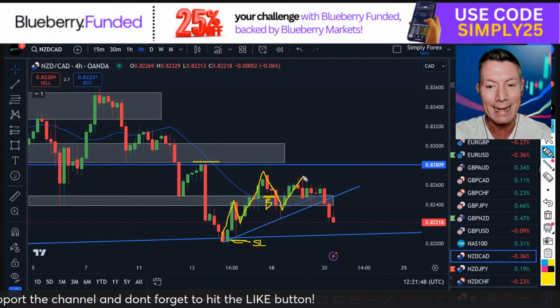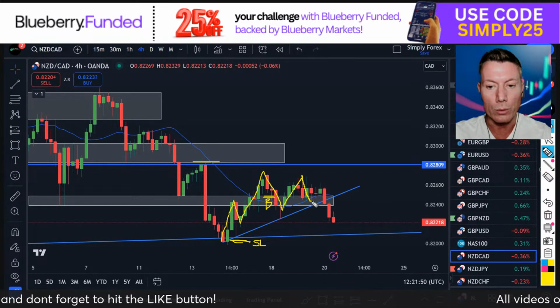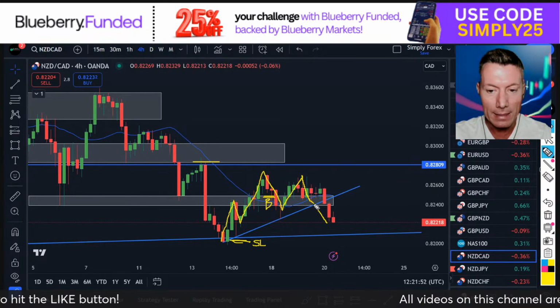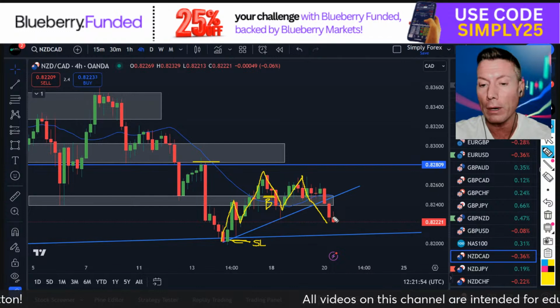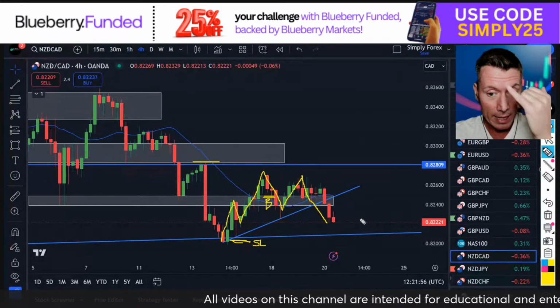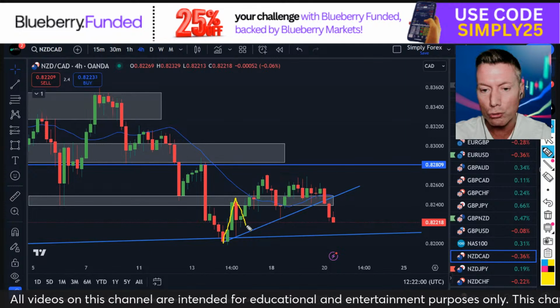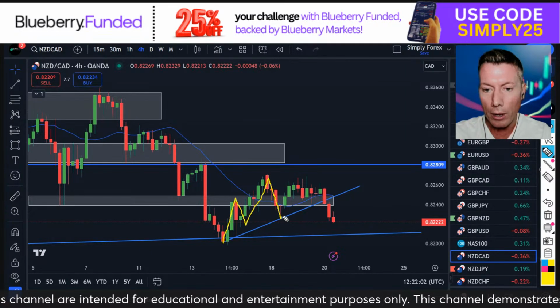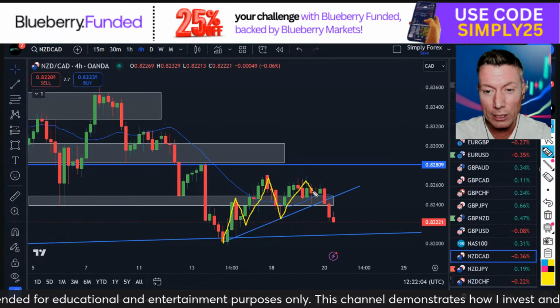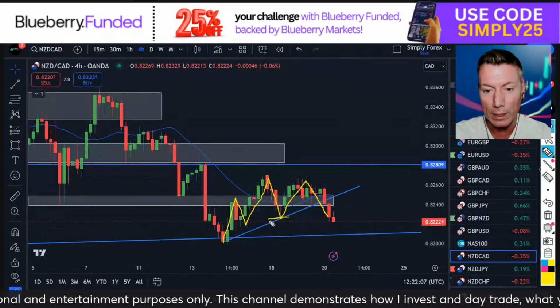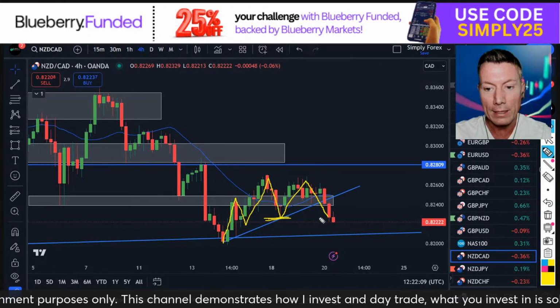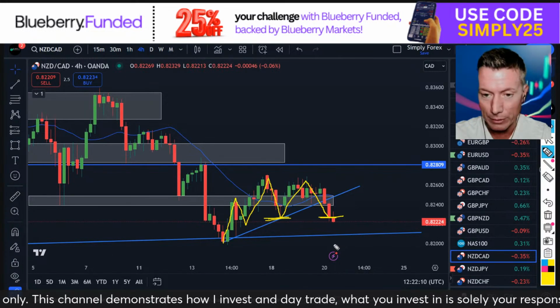Everything's looking good. But now H4 structure is breaking down. Have we had an H4 structure break? I'm going to say no until we break this level here, and that's why my alarm has sounded.